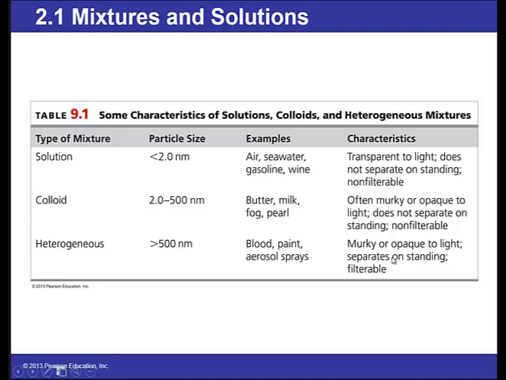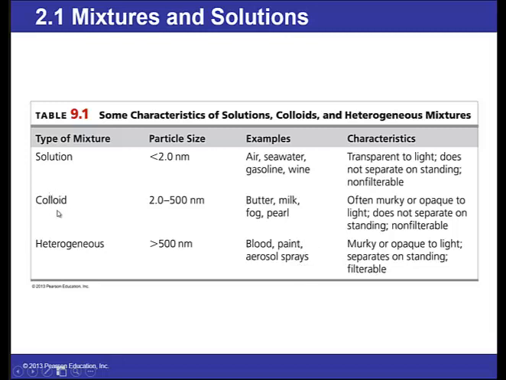They typically are murky to opaque. Things like blood, paints, aerosol sprays, you have to really shake them up before you use them. Well, your blood you're not going to shake up, but paints and aerosol sprays, because they probably have solid portions that will actually separate and fall out of the solution.